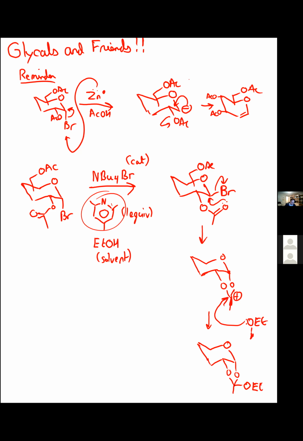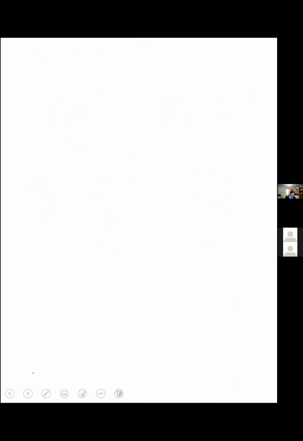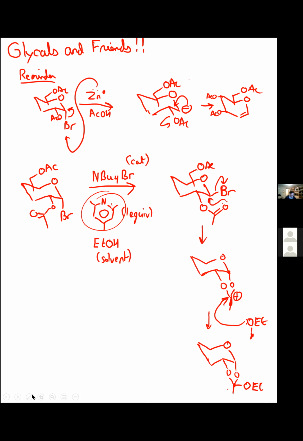Now, note that we have a carbon with 3 single bonds to oxygen, and I've been repeatedly saying that I am very uncomfortable with a carbon with 2 single bonds to oxygen. So you can imagine what I think about a carbon with 3 single bonds to oxygen. This is called an orthoester.